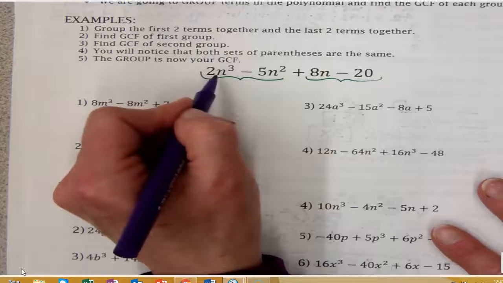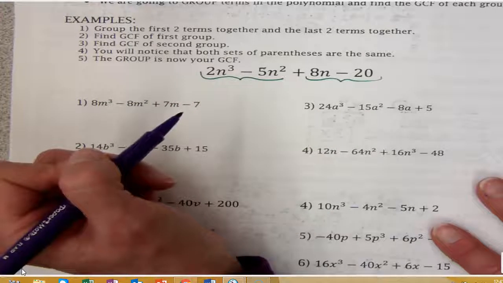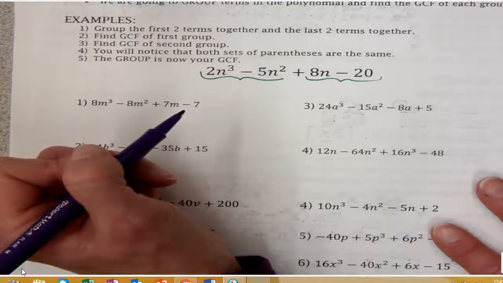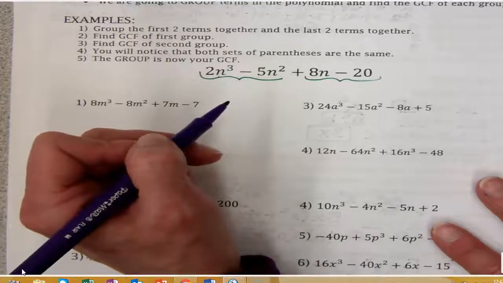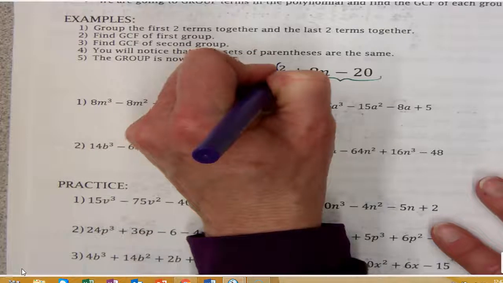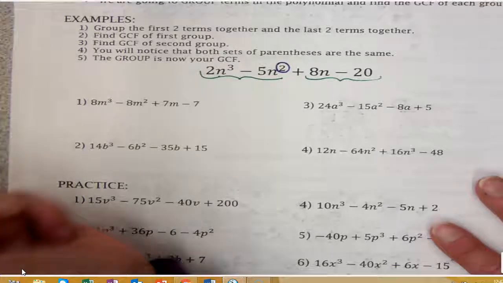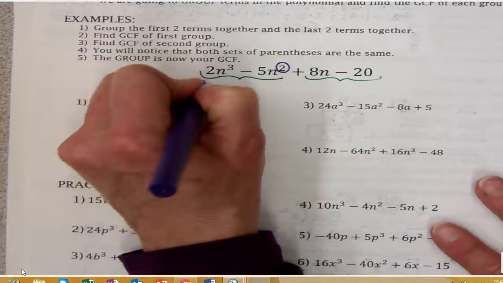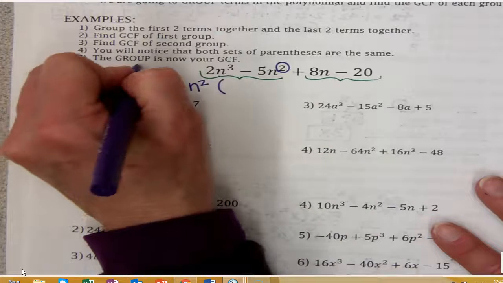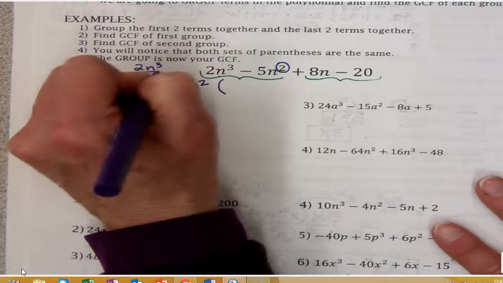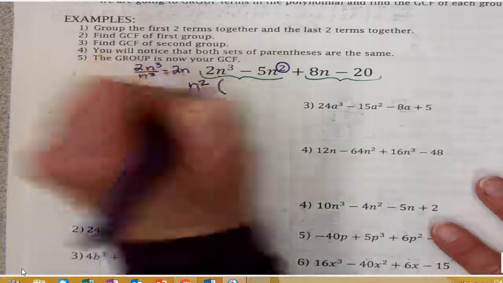What comes out of these 2 terms evenly? I've got 2 and 5. 2 does not divide into 5 evenly. I've got an n and an n, so I know I can at least take one n out, and I'm going to look and see my smallest exponent is n to the 2nd. So I can factor out n to the 2nd. When I factor out n to the 2nd, 2n cubed divided by n squared, I'm left with 2n.